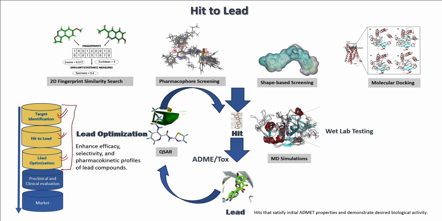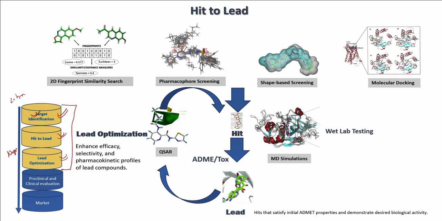So when you have identified the targets like we have done before, or nowadays you can identify novel targets also using genomic studies, the next thing is to identify the hit molecule. These are some of the methods you can use, which are faster than molecular docking. You can do 2D similarity search, pharmacophore screening, as well as shape-based screening.